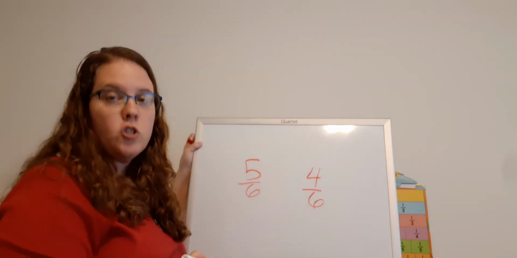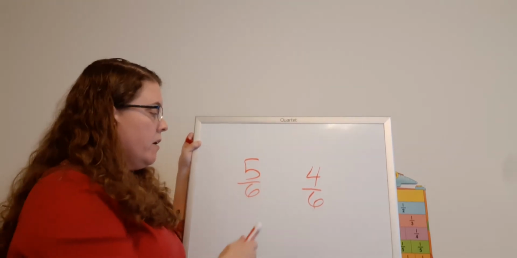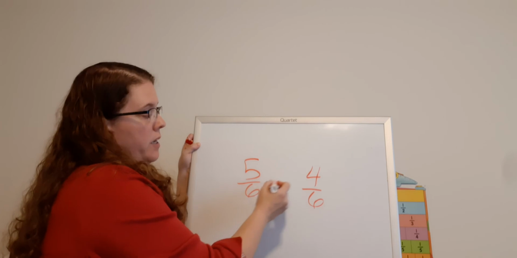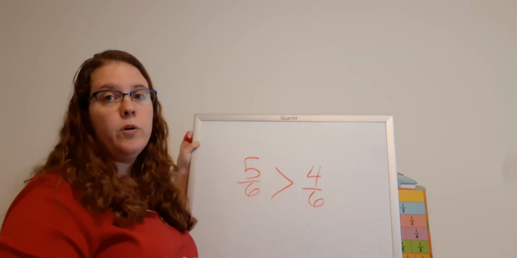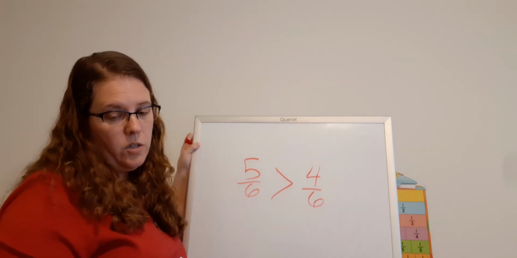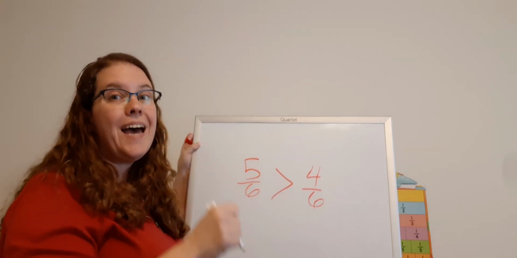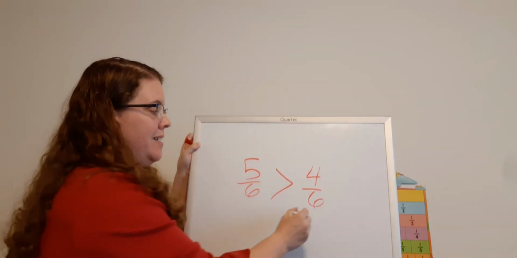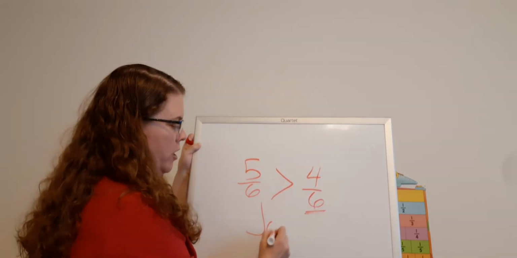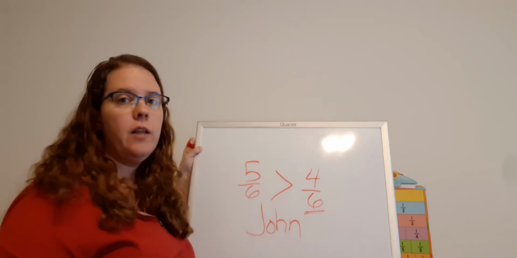That represents John. So now we got to compare. Denominators are the same. Compare your numerators. 5 is greater than 4, so 5/6 is greater than 4/6. Okay, so who mowed less? Now we want less. So it would be our 4/6, which is John. So John would be on your line.